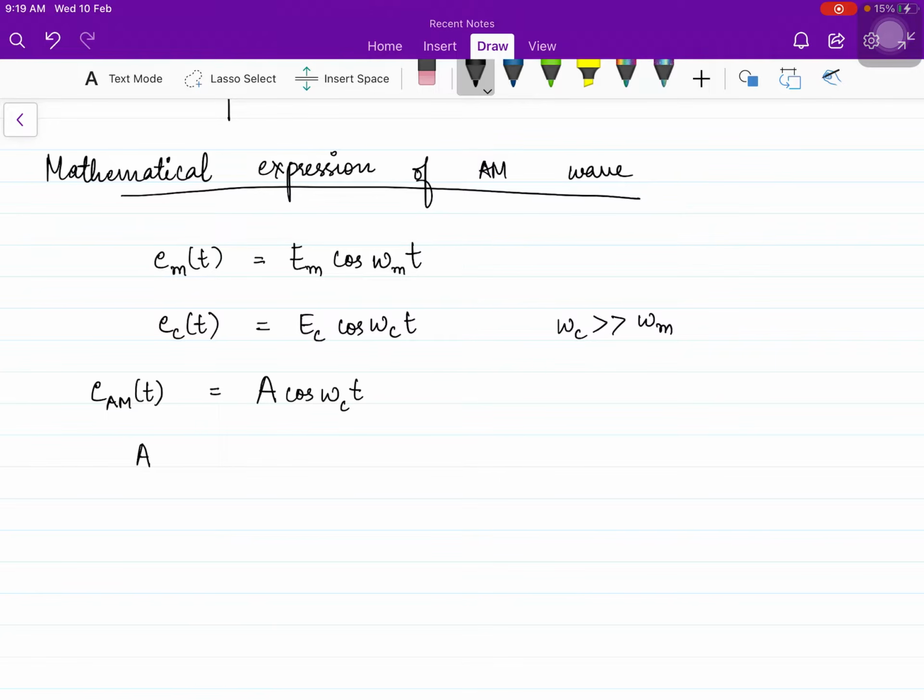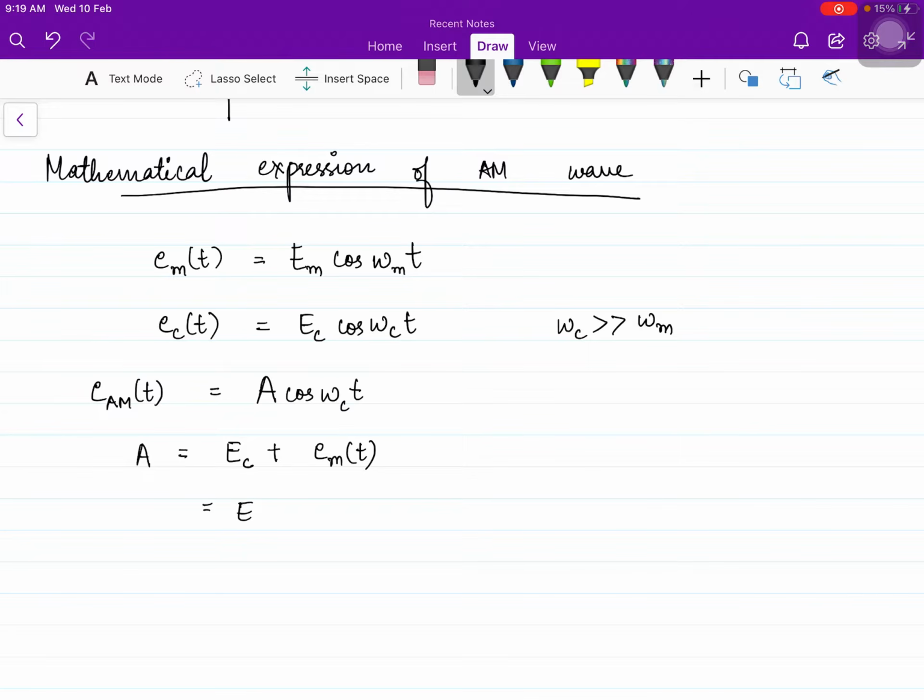Now, what is the new amplitude of carrier? It is the change in the older one. The older one was this, and the change is taking place according to the full message signal, not according to the amplitude of the message signal. The new amplitude is the change in the older amplitude, that is Ec, according to the message signal.